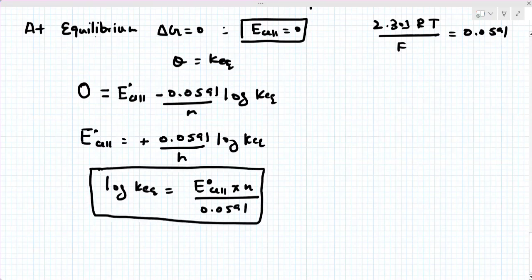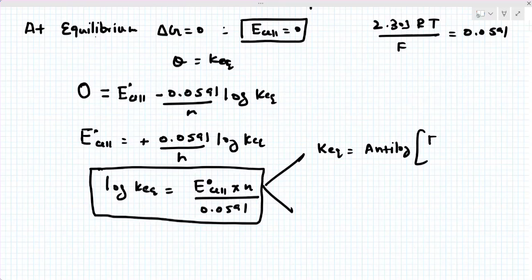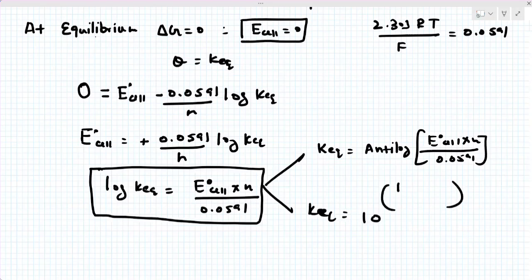Listen, in the exam they will ask two types of questions. One is where the option will be 10 power something. For K equilibrium, it is simple: anti-log of E naught cell into n by 0.059.